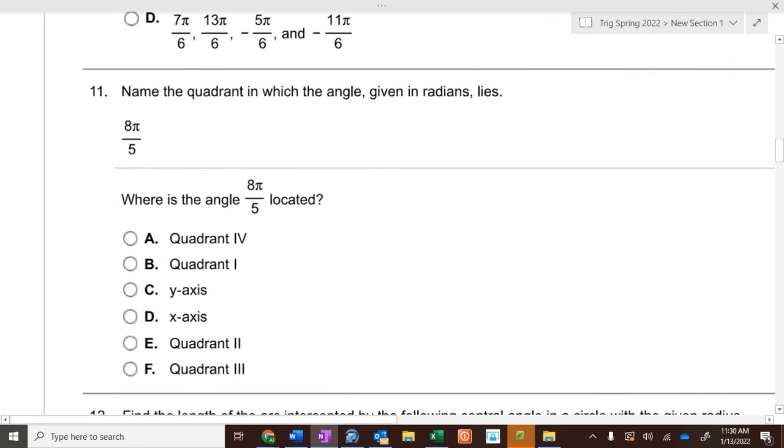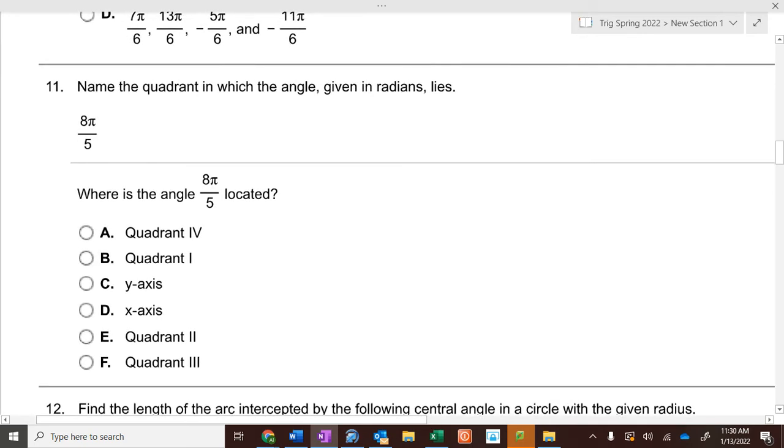Okay? What quadrant is 8 pi over 5 in? Ooh, I wouldn't know right off the top of my head. I know it's past 180 degrees, but I don't know if it's in quadrant 3 or 4 for sure. So what I would do is change this into degrees. How do we change this into degrees? 180 over pi.